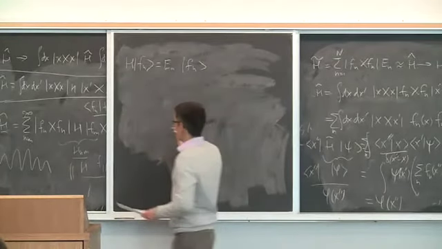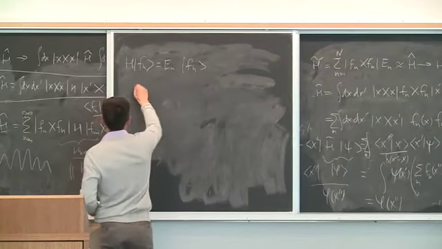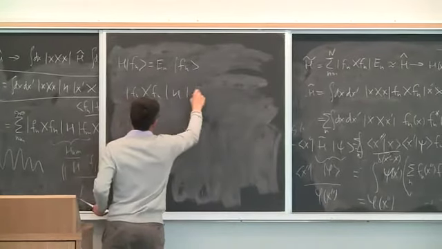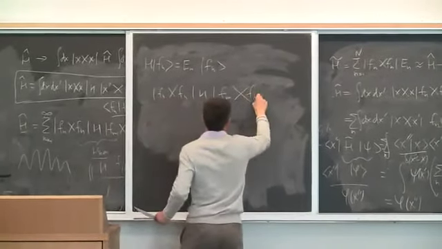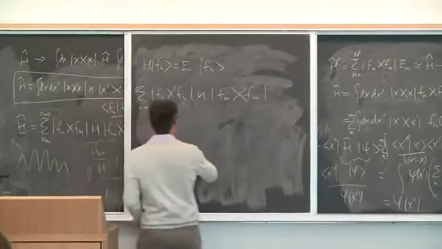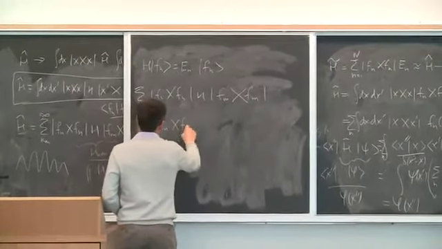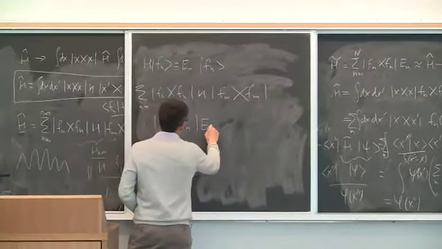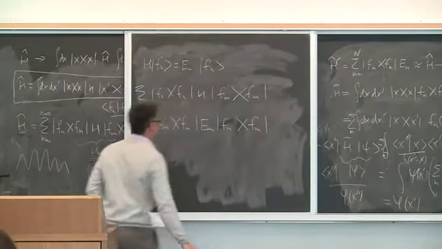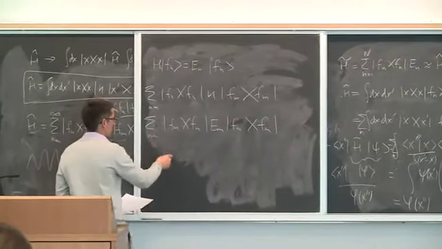Then let's consider the original form Fn H Fm, and there's summation over n, m, right? So then H acting on Fm will give you Em. This is just a constant, so you can throw it out in front of the expression, right?